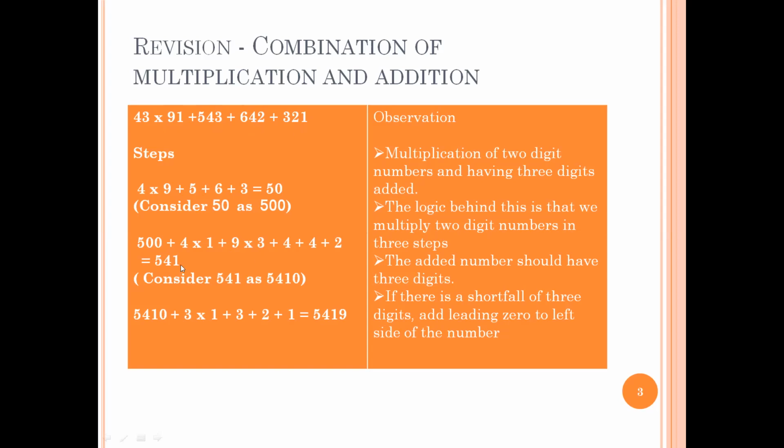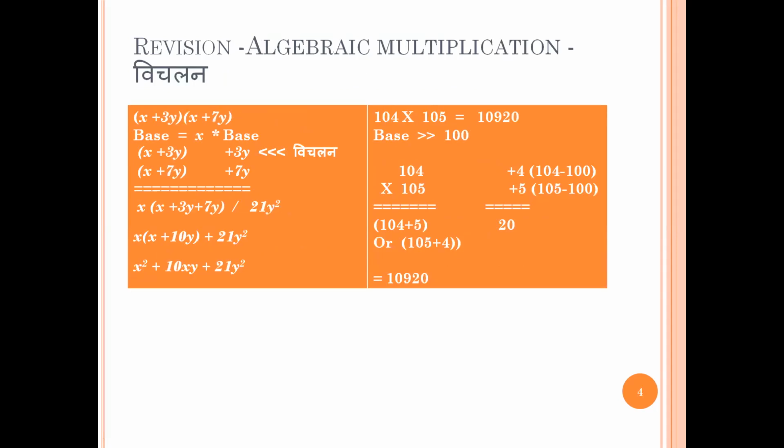We get 541. We make the 541 as 5410. Then we do the last digit, 3 into 1 plus 3, that is last digit, plus 2 plus 1. And then we get the answer 5419. We studied this technique last week and we have done the practice examples as well.